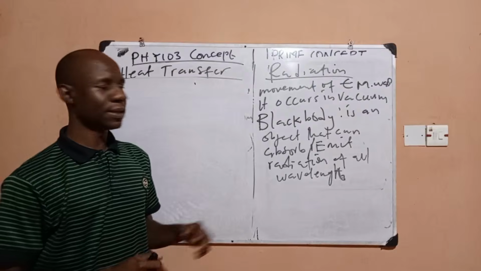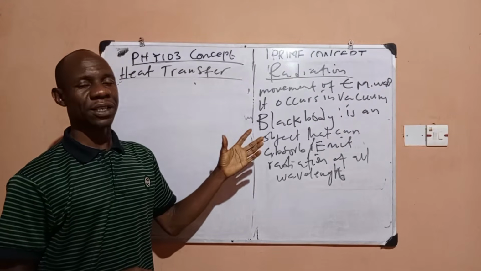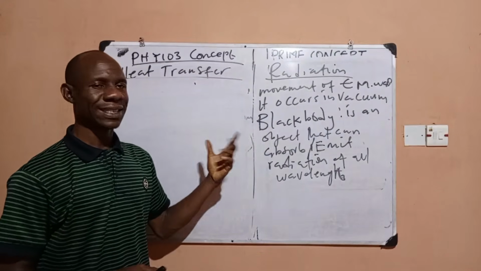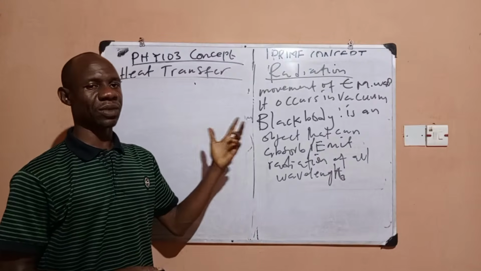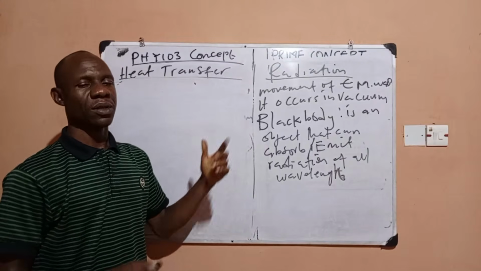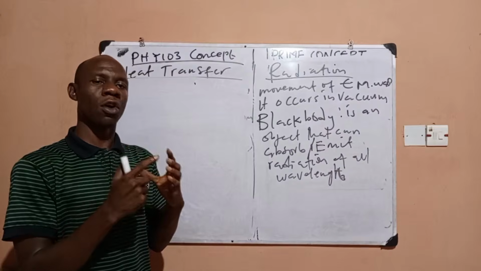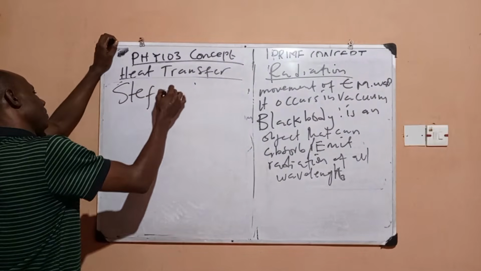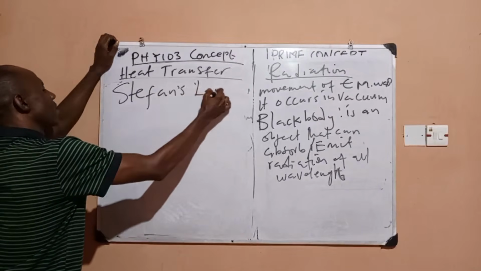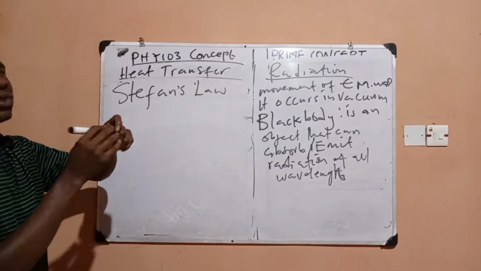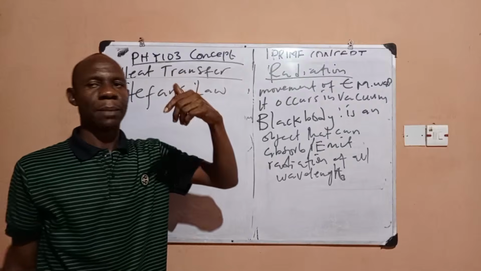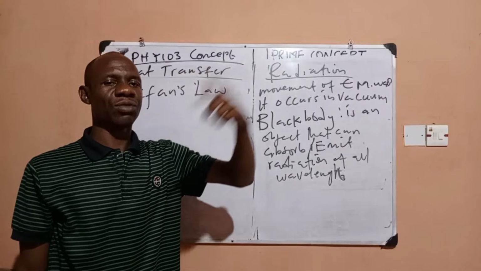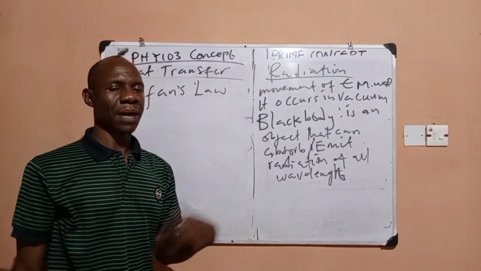Heat transfer by radiation can actually be estimated. The rate at which heat is transferred by radiation was given by a law which is known as Stefan's law. Stefan's law tells you the rate at which a black body or an object will radiate heat or absorb heat.